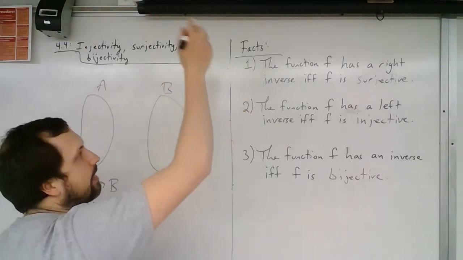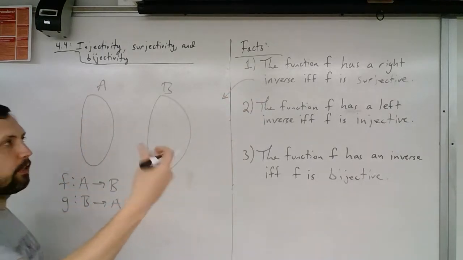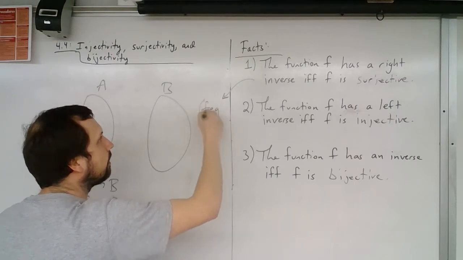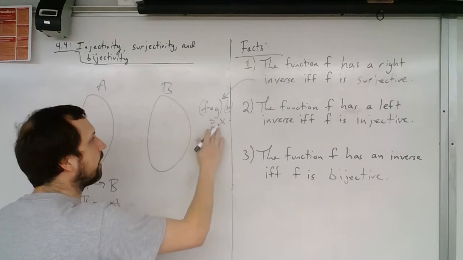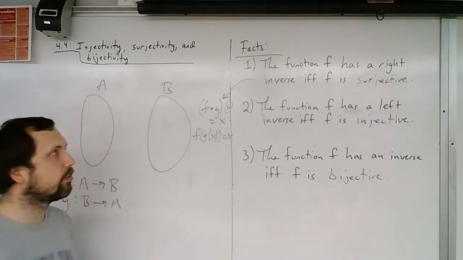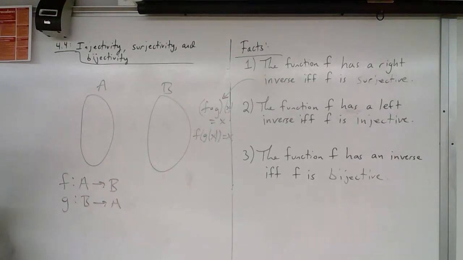Remember, if we say it has a right inverse, that means the inverse is going to appear on the right of a composition. So that'll be f composed with g of x is equal to x. Or in other words, f of g of x is equal to x. This is what it means to be a right inverse, as a reminder.